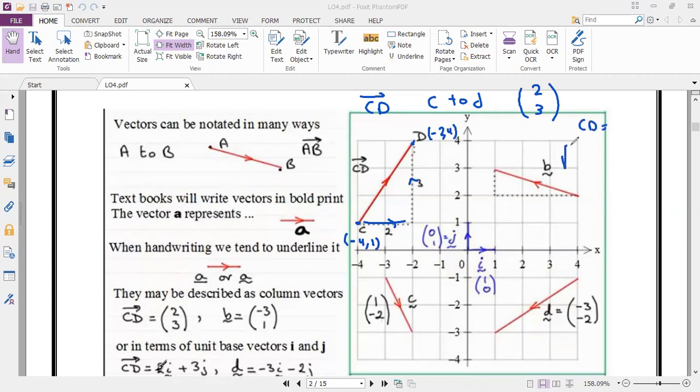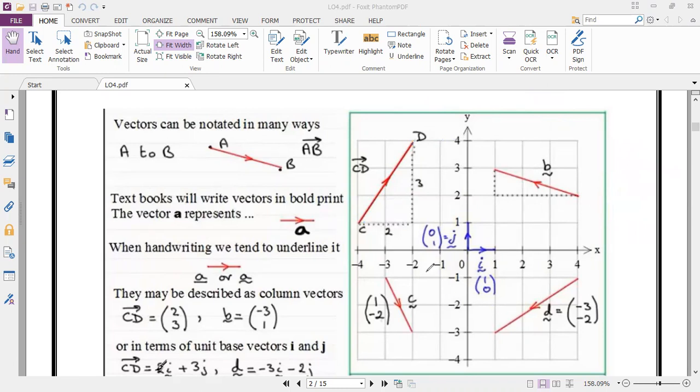It's the square root of (4 minus 1) to the power of 2 plus (-2 minus -4) to the power of 2. That leads to the square root of 3 to the power of 2, which is 9, plus 2 to the power of 2, which is 4. So the square root of 13. That is the length of CD.